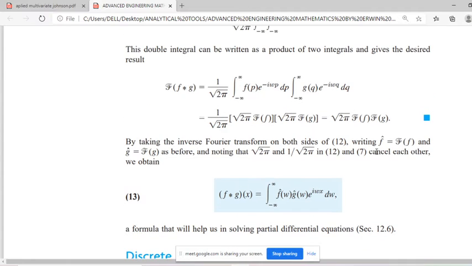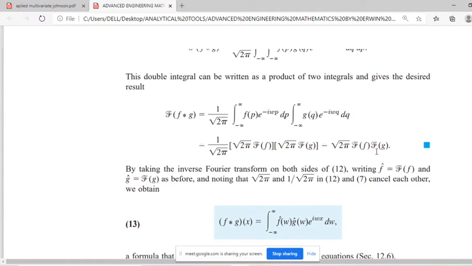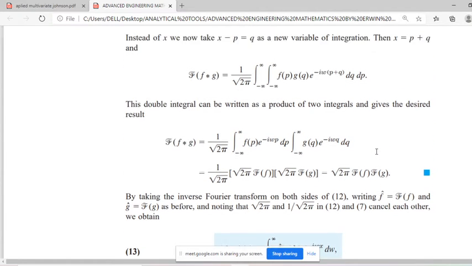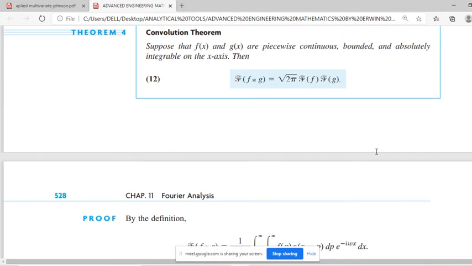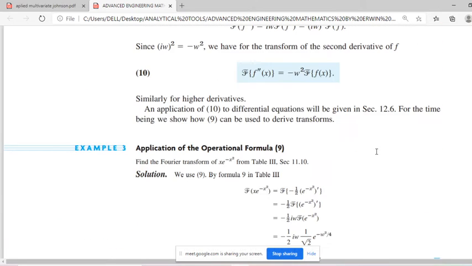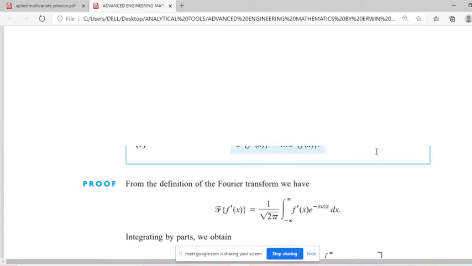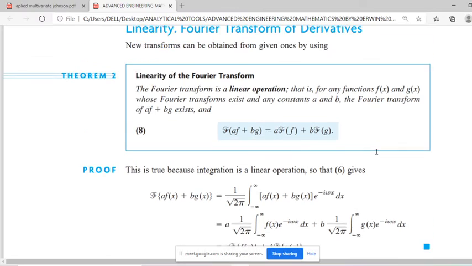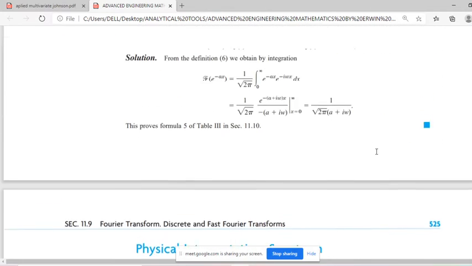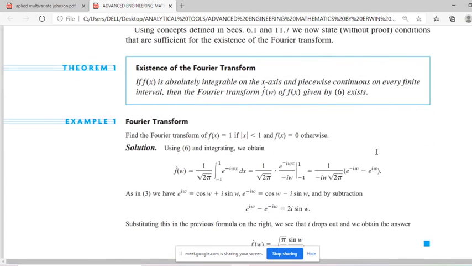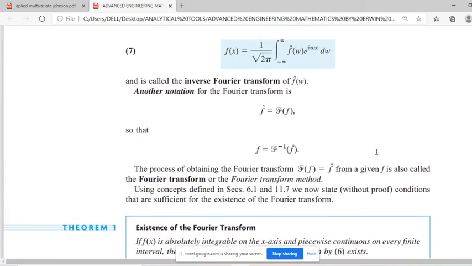So we know that in the transformation equations 12 and 7, we can refer to equation 12, this 12. Okay, what is 7? That is the inverse transformation equation. So there will be one root 2 pi there.